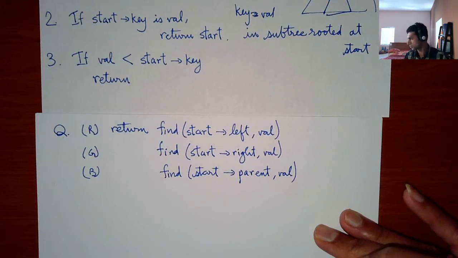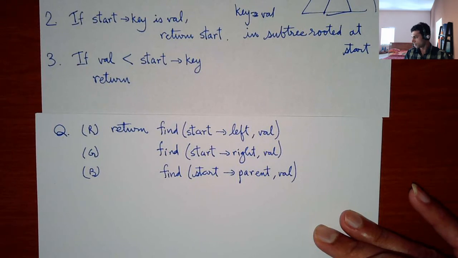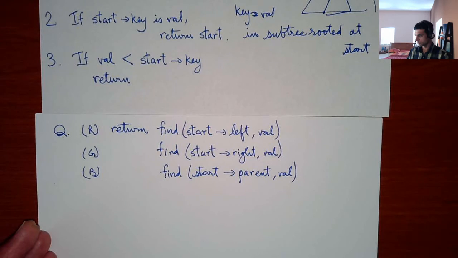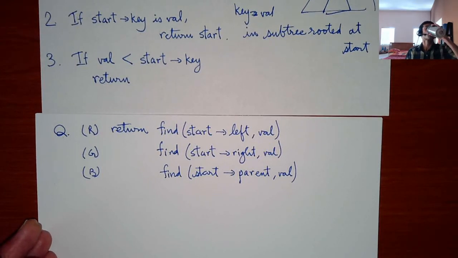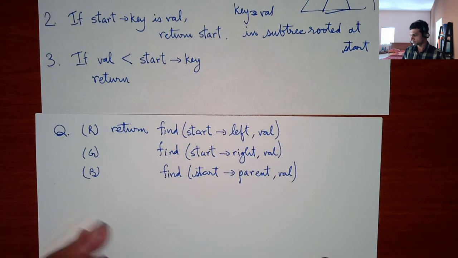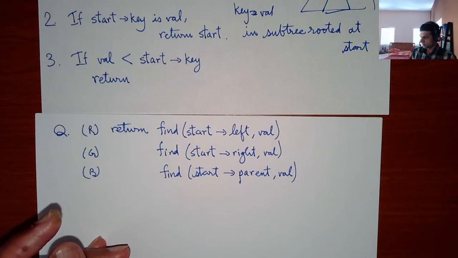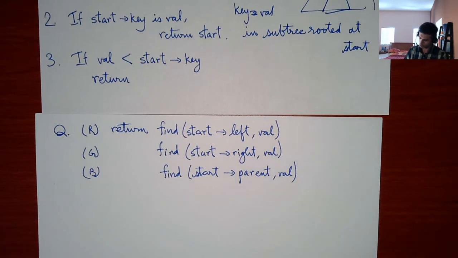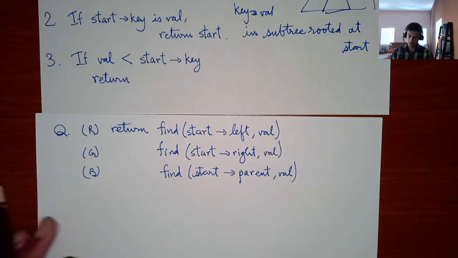Let me now start the poll. So is it start arrow left, start arrow right, or is it find to the parent?